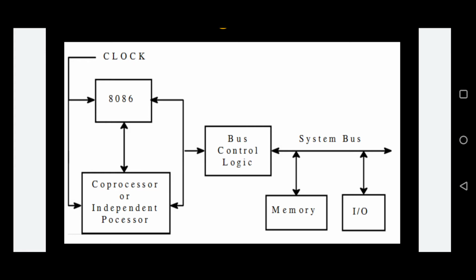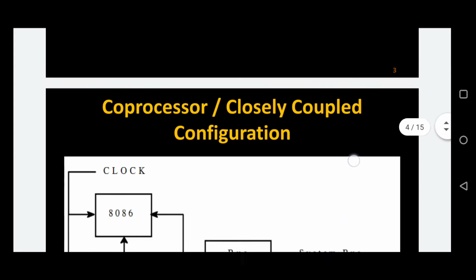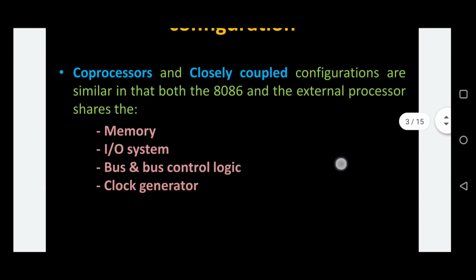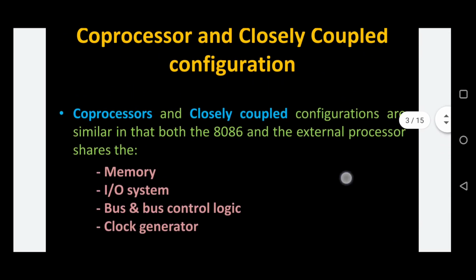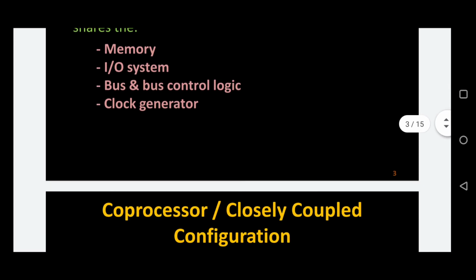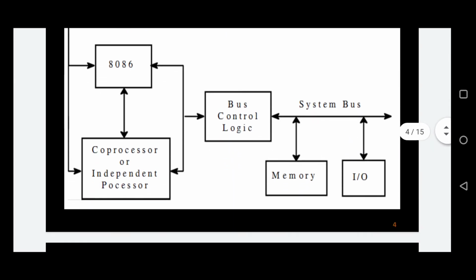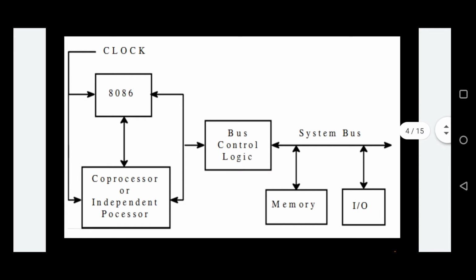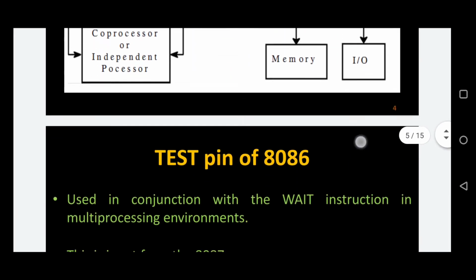These are all common for both the main processor and the coprocessor. As I already gave in the slide, they share the memory, IO system, bus and bus control logic, and fourth, the clock generator. This is the block diagram of the coprocessor and closely coupled configuration.